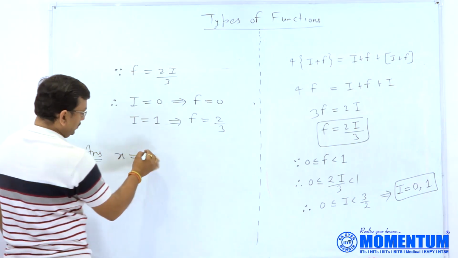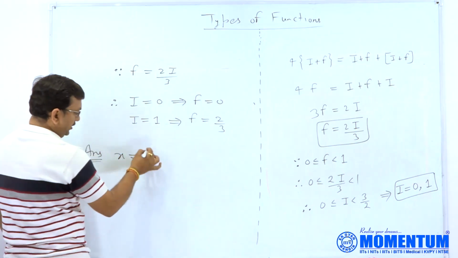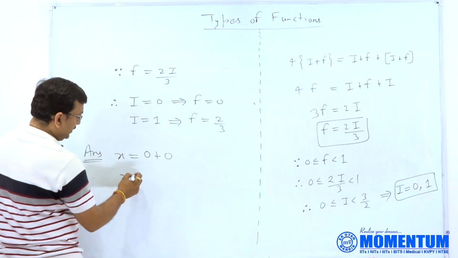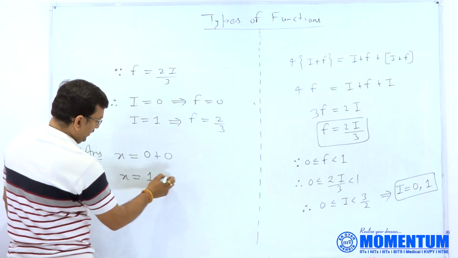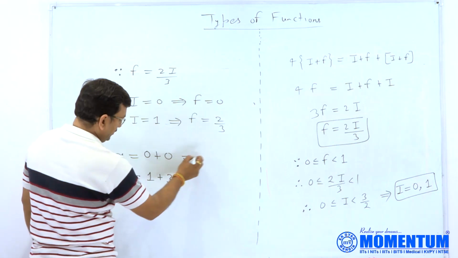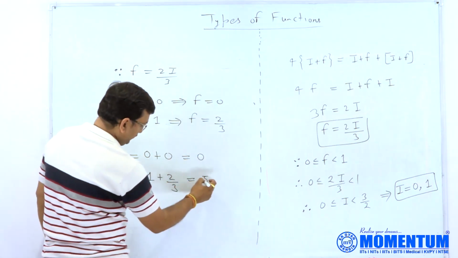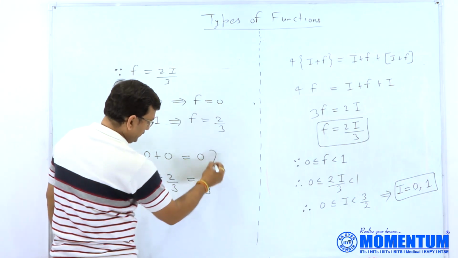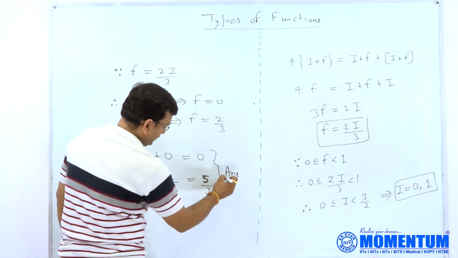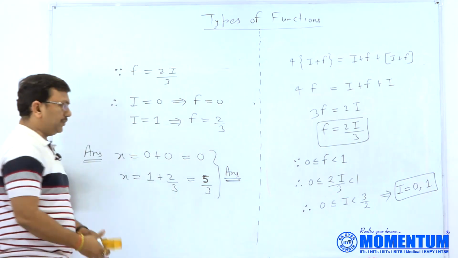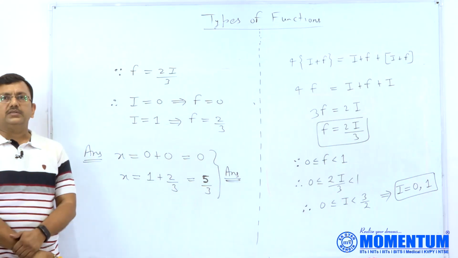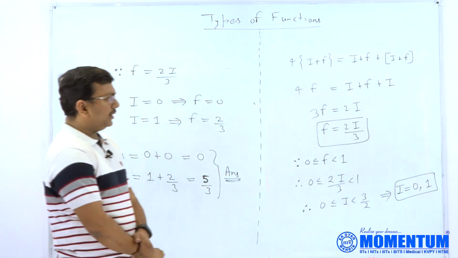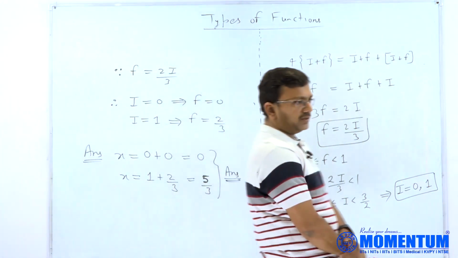So x is equal to 0 plus 0 and x is equal to 1 plus 2 by 3. So 0 and 5 by 3, these are my two answers. x is equal to 0, x is equal to 5 by 3.